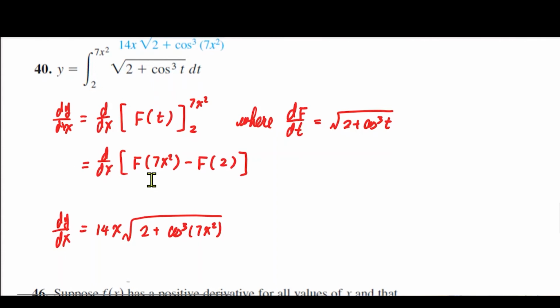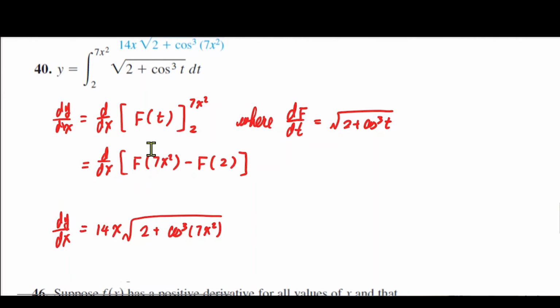Now we take a derivative. Somebody had a question? Okay, we take a derivative, so the derivative of F is this, correct? So that is right here, except inside we don't have a t, we have 7x squared, so I substituted 7x squared for t. You with me? And then the chain rule applies with this inside function, which is out here.